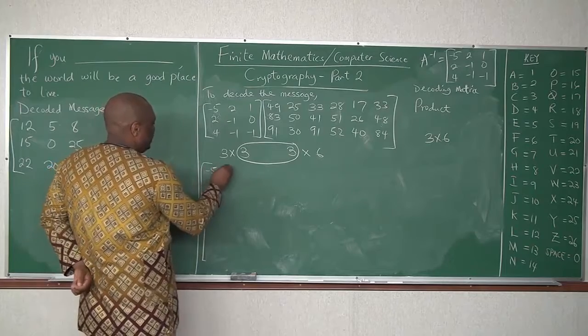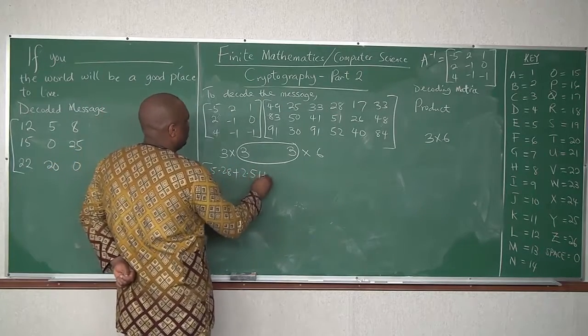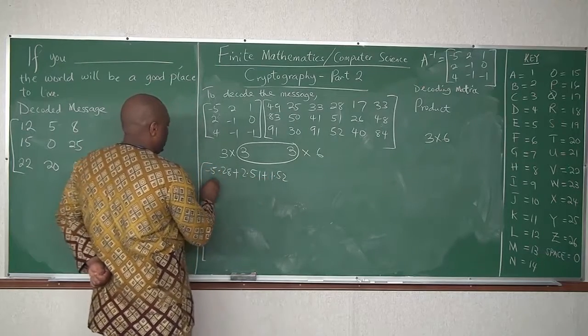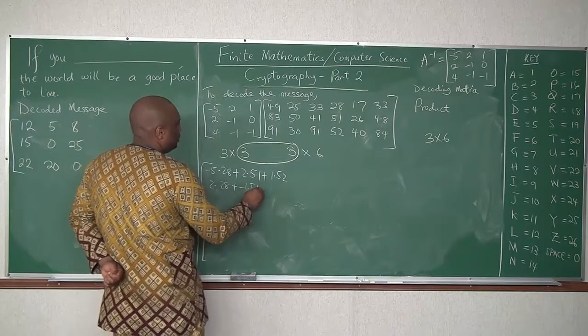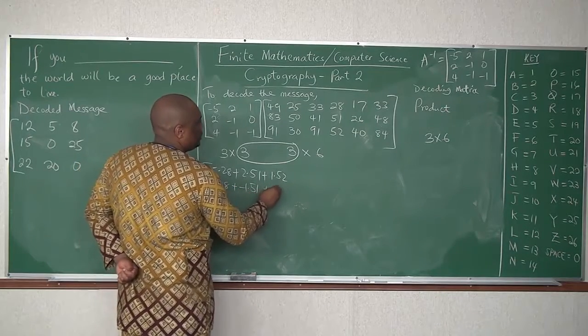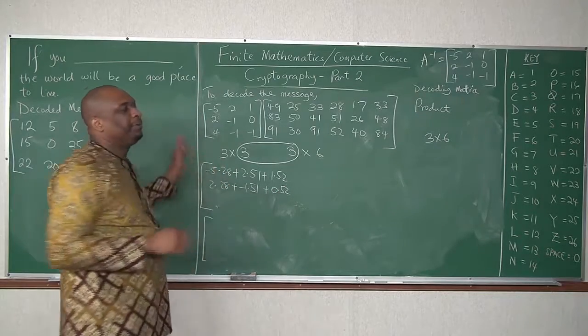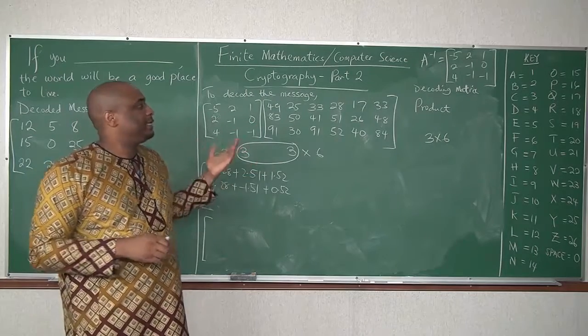Negative 5 times 28 plus 2 times 51 plus 1 times 52. 2 times 28 plus negative 1 times 51 plus 0 times 52. Please, I hope you know you can do this with Excel, Microsoft Excel.